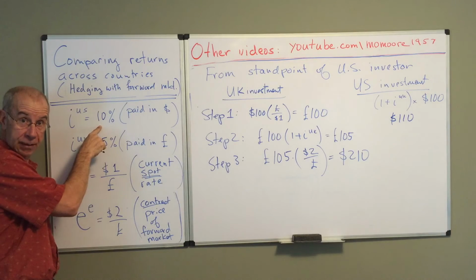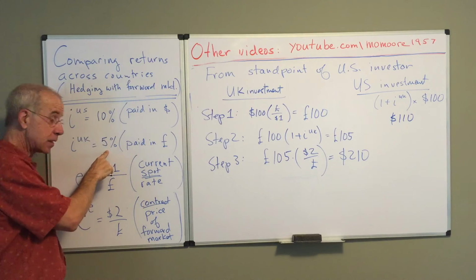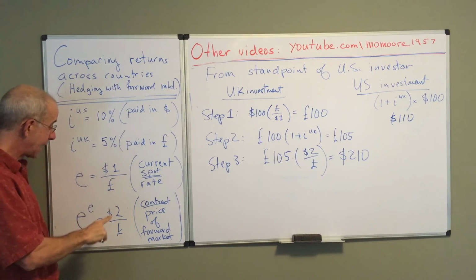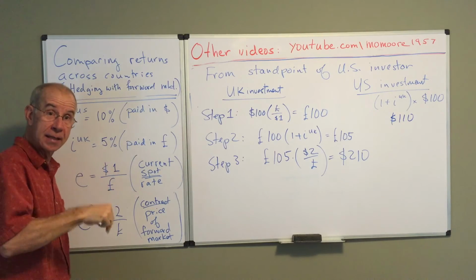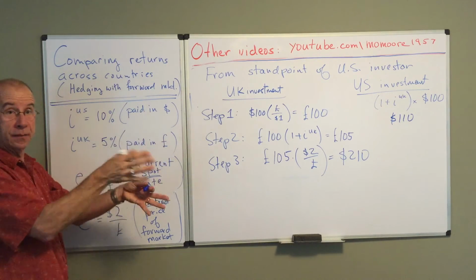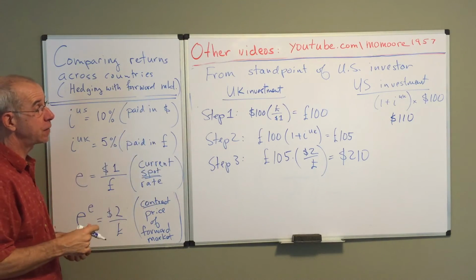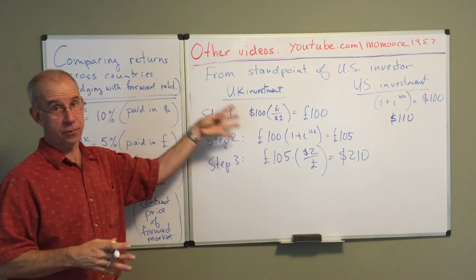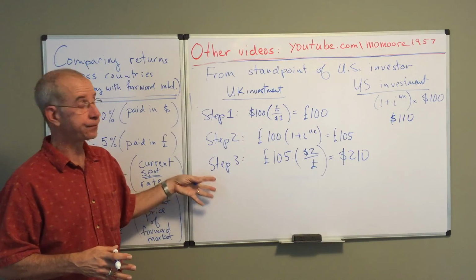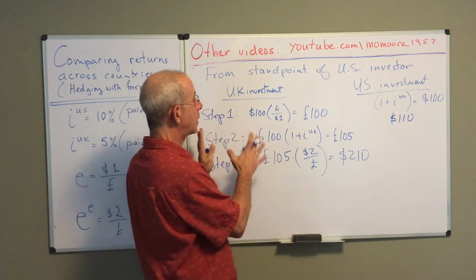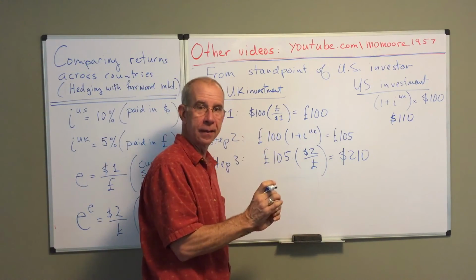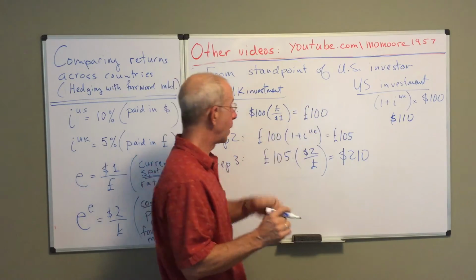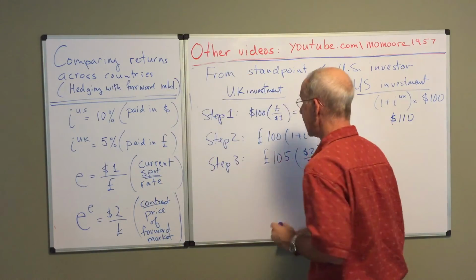This is the interest rate in the market. This is an interest rate in the market. This is the current spot rate. And this is a contract that you can sign today for the delivery of the currency in the future. So there's no risk really associated with this. The UK investment is definitely a better deal than the US investment.